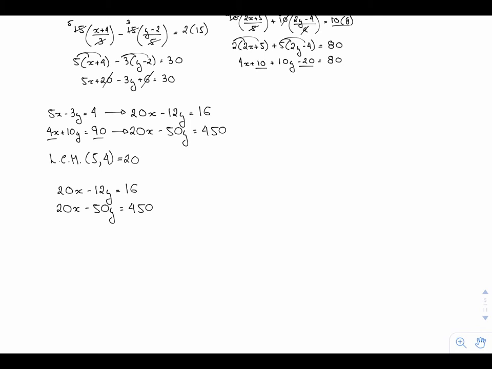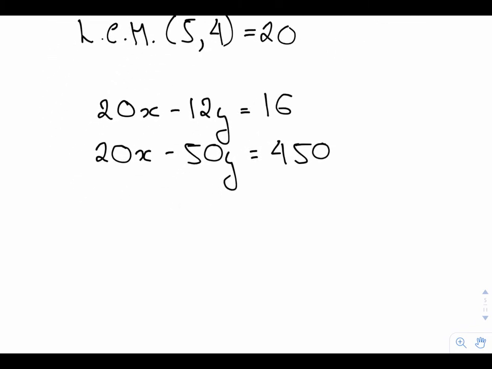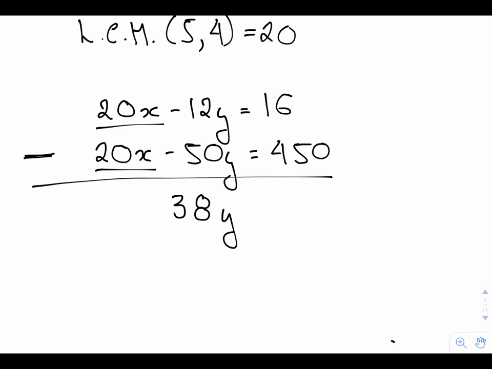So what operations shall we perform on these two equations? Should we add them? Should we subtract them? Well, this is positive 20 and this is positive 20, so if I want to get that equal to 0, I need to subtract. So my x's disappear. Negative 12y minus 50y yields, what does that give us?